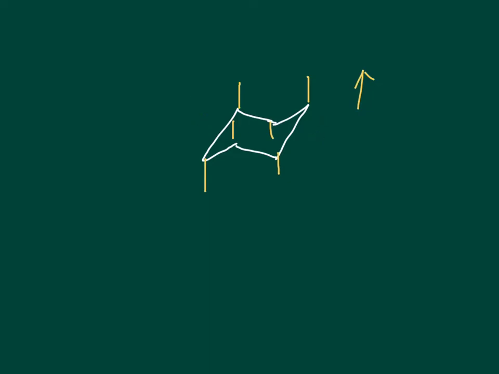Equatorial, on the other hand, implies that the bonds are going out, away from the molecule, in a sense, and we'll use another color to illustrate those. That would be here, I'll connect that, here, here, here, here, and here.